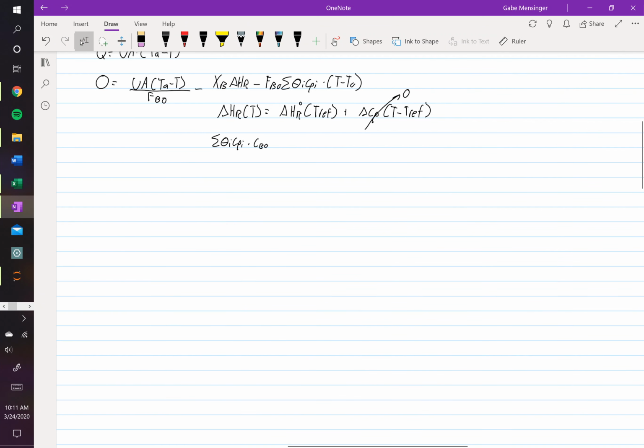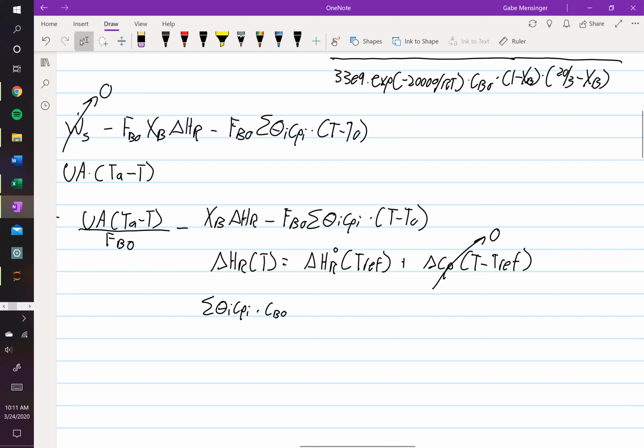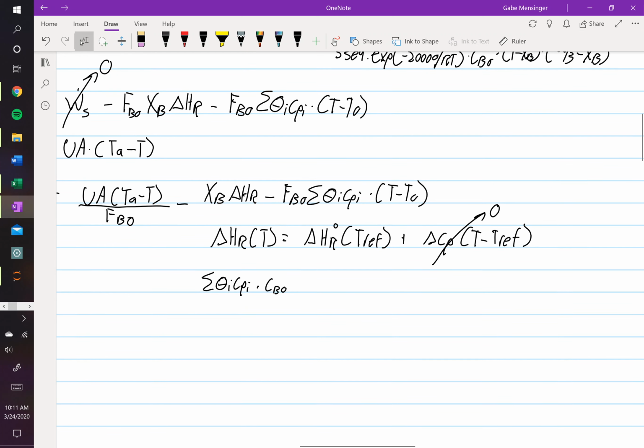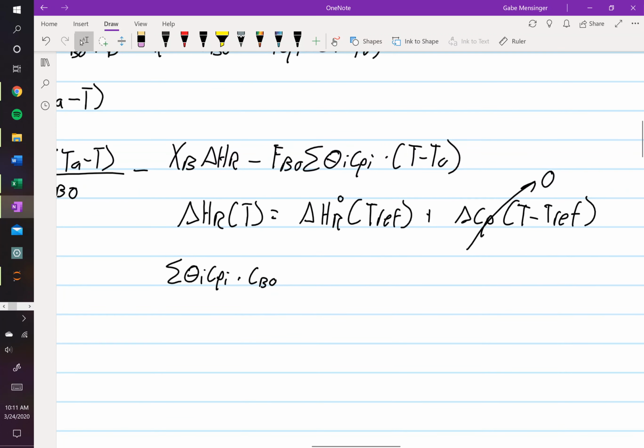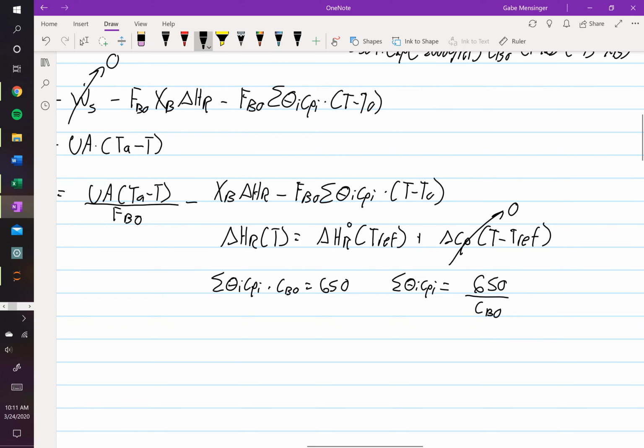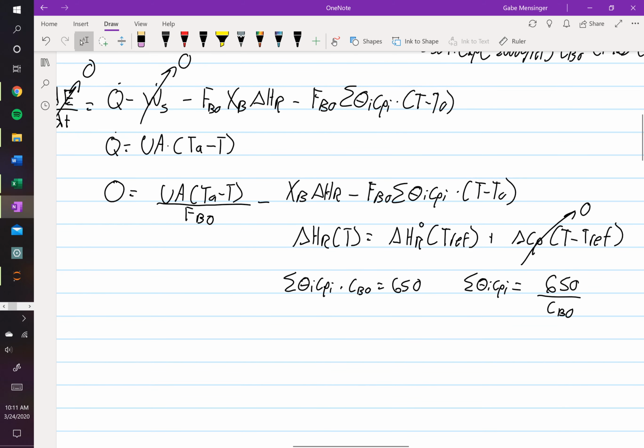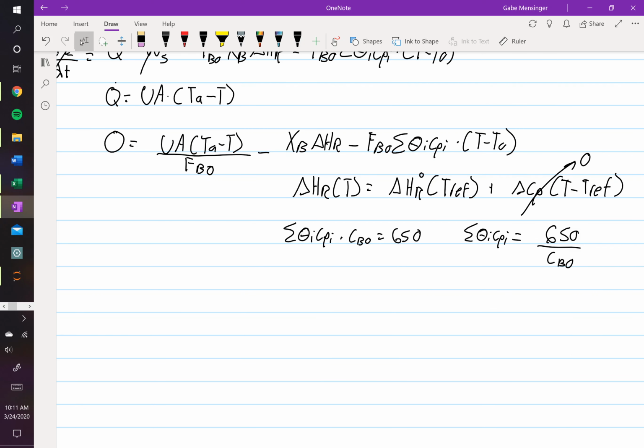So essentially the term that we want is this one, which is equal to that 650 that we're given over CB naught, which we're also given. And everything else, for the most part, we should be given. If we don't, it can easily be solved for, except for XB.